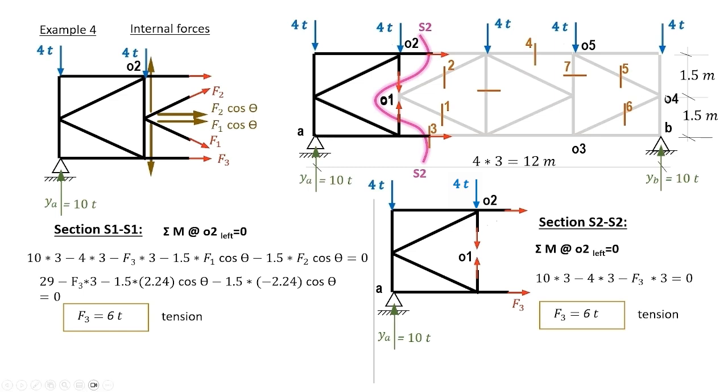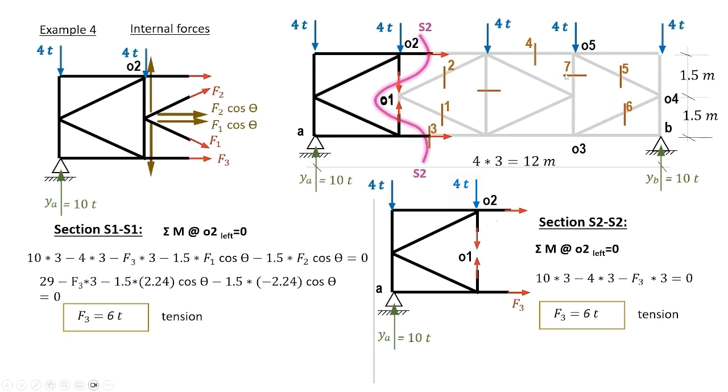So we consider the first equation, joint O4 and sigma forces in the x direction equals 0. We can have a vertical cut for the second equation and consider sigma forces in the y direction equals 0 for the right part of the section passing through 5 and 6. Two unknowns in two equations can be easily computed.